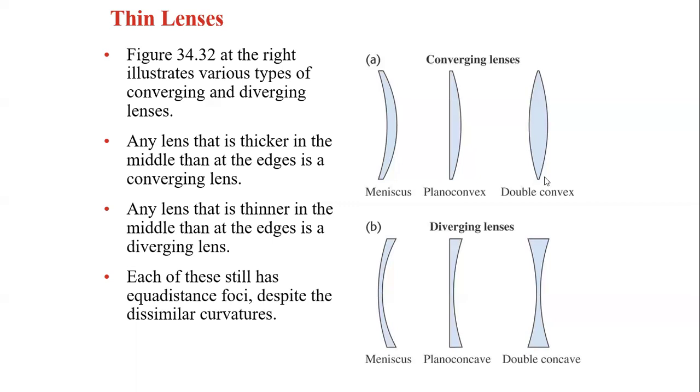In the double convex, you have two spherical surfaces, and in the double concave, you have two spherical surfaces only. They are separated by a negligible distance that we can ignore. We call this a thin lens because the distance between them is thin.